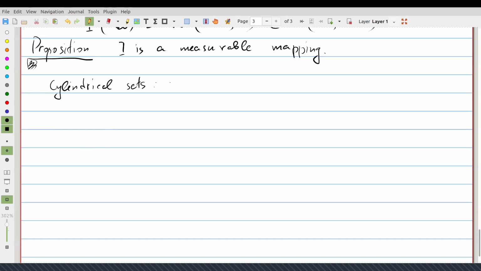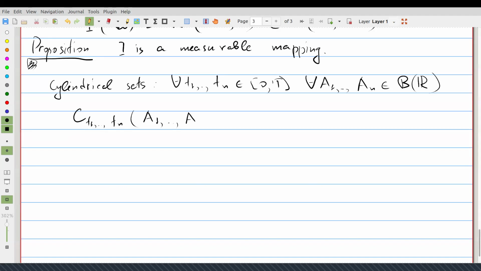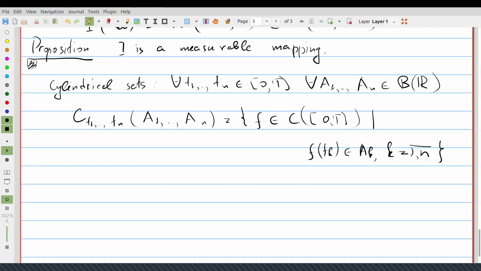Given a selection of indexes on 0t, and a selection of Borel sets on R, just for clarity, a Borel sigma field is a sigma field generated by open sets, or in the case of R, by closed sets. The set of those functions f in our C such that f at moment tk lives in Ak for all k is called a cylindrical set.